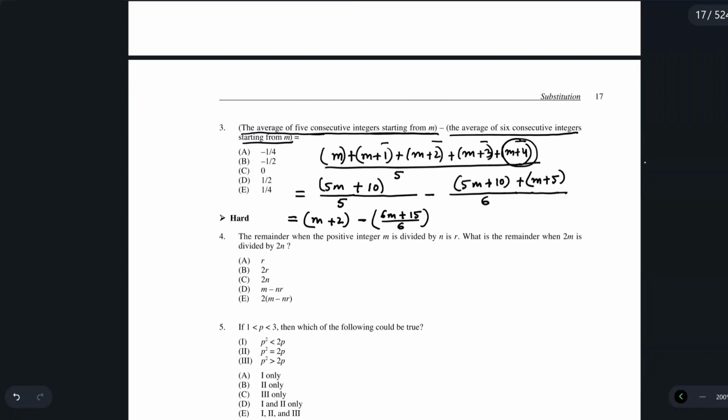Now if we simplify, we have m plus 2 for the first term, subtracted by 6m divided by 6, which equals m, and 15 divided by 6 is 2.5. If we do the subtraction, the m will cancel out, and we will have minus 0.5, or minus half. So the answer for this question would be B, thrice B.